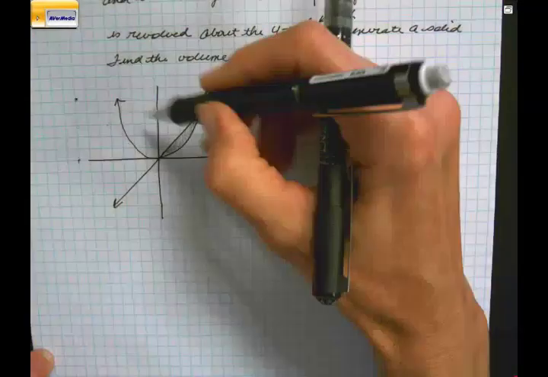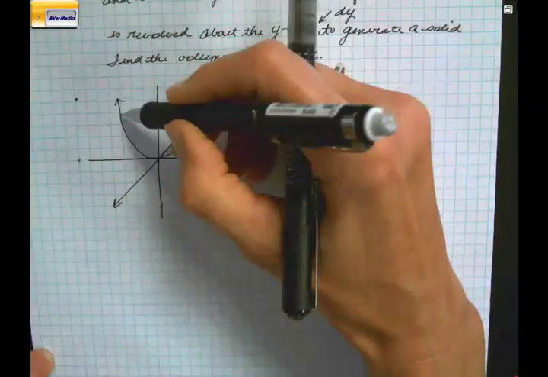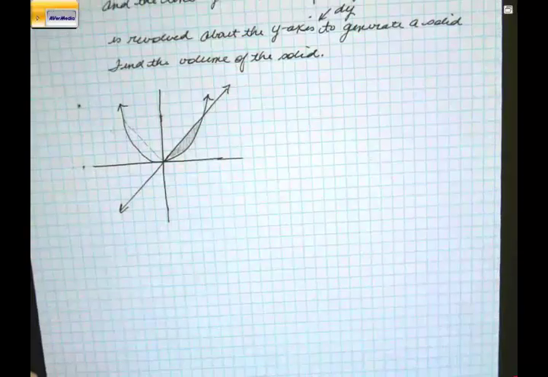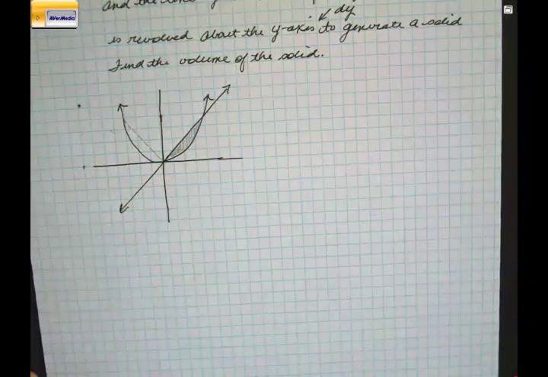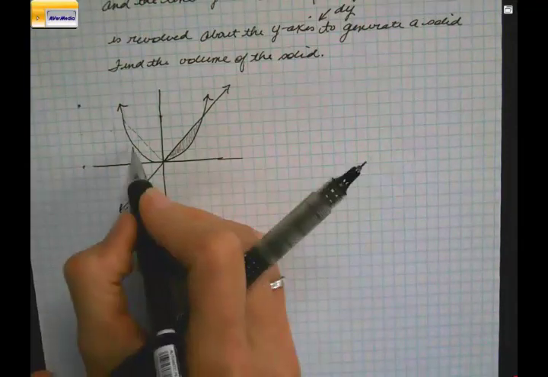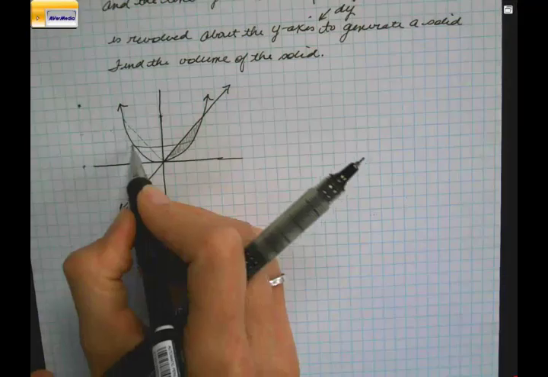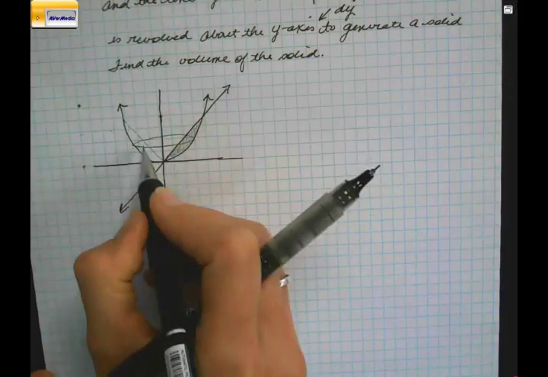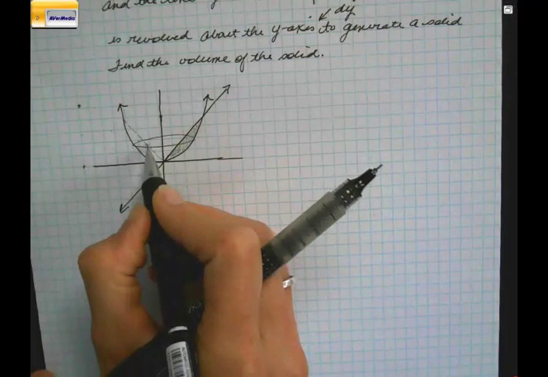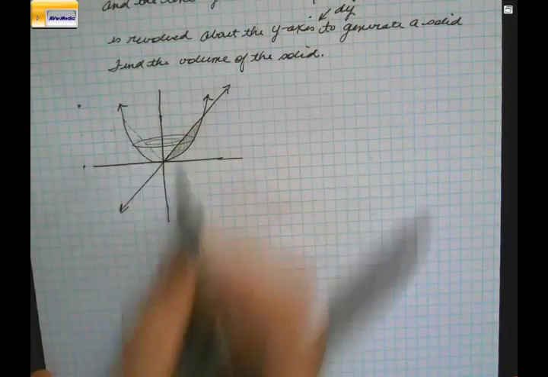So when you start spinning it, not exactly a funnel, but spin it around y. So if you cut this little washer out of this thing, it would be hollow like this.